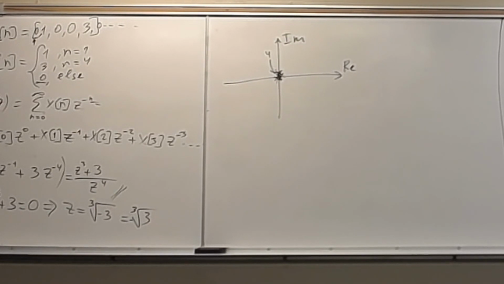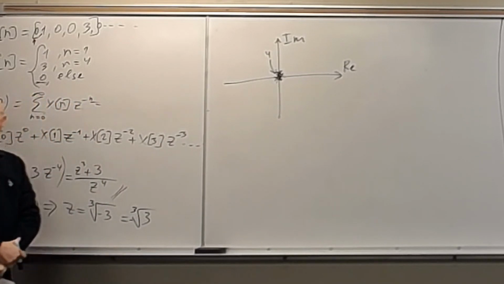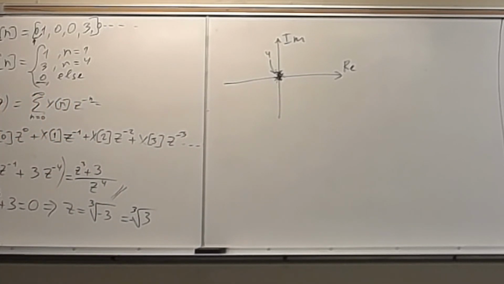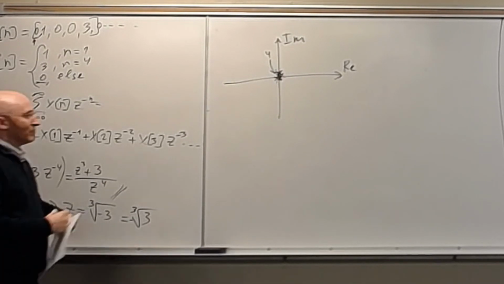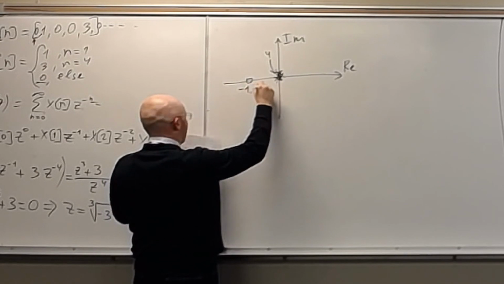Because this is what most students would do, from my experience. They would draw 3 zeros here somewhere, which is not correct. So obviously you have that one, minus 1.44, right?